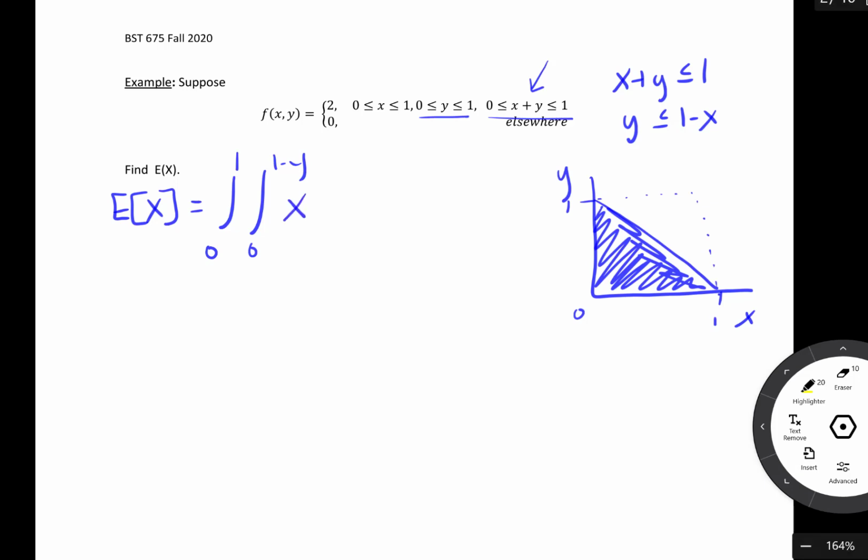I'm interested in the expected value of x, and then I'm going to multiply that by my density. Again, you could flip these and integrate with respect to y first and then with respect to x. If you do that, the bounds on your integration are going to change.